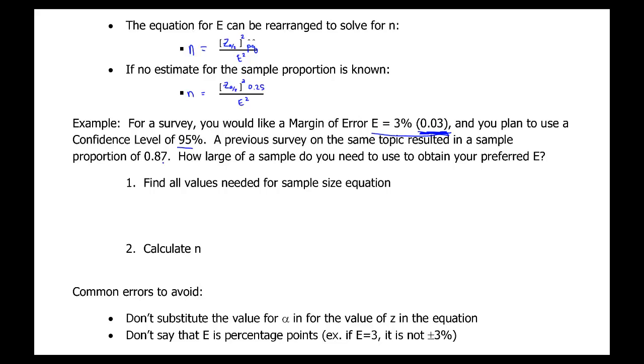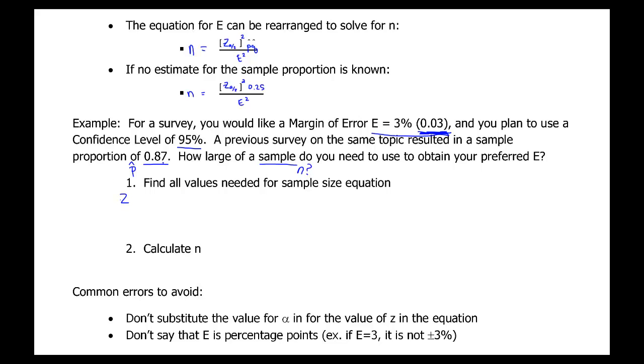They give us a confidence level of 95%. They give us a sample proportion, which is p hat, which would be 0.87. And it's asking how large of a sample do you need. And that's our sample size, n, which is what we're trying to find out.